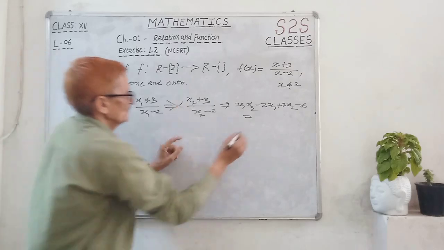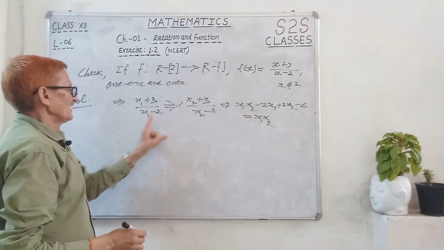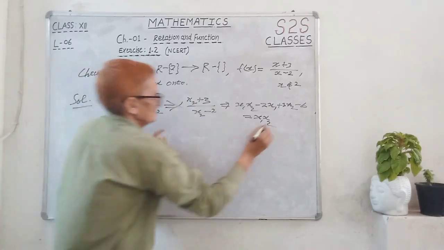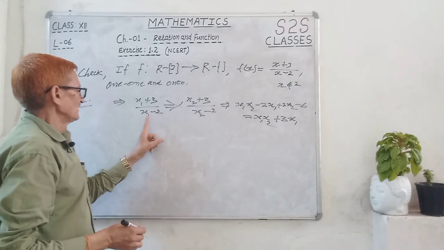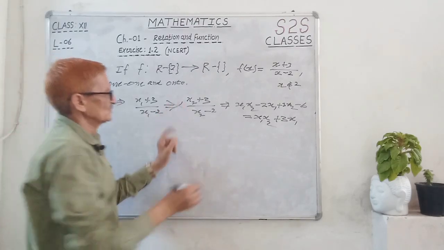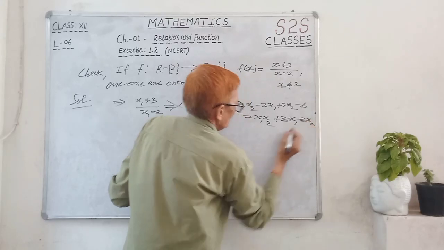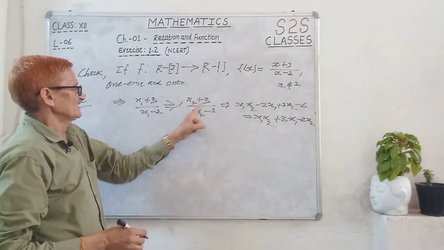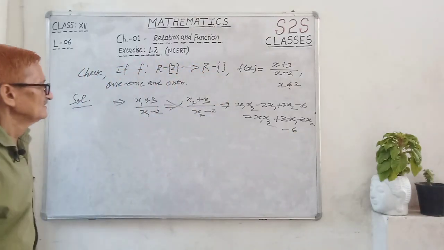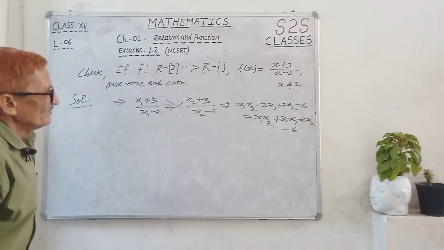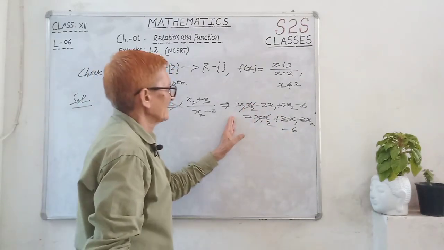Then x1x2 plus 3x1 minus 2x2 minus 6. Okay, now simplify. x1x2 cancel, same side will come negative.